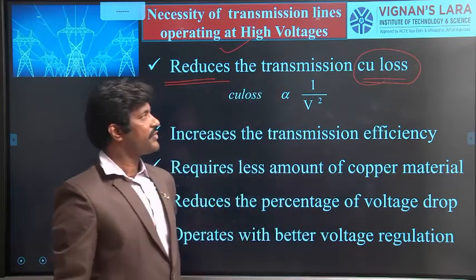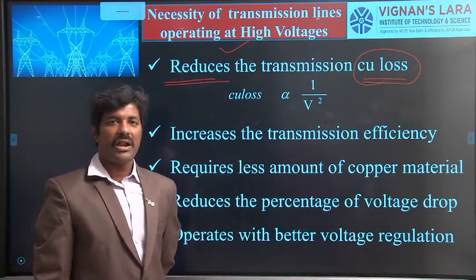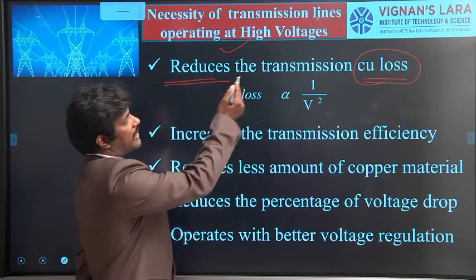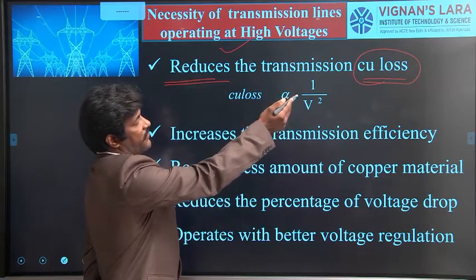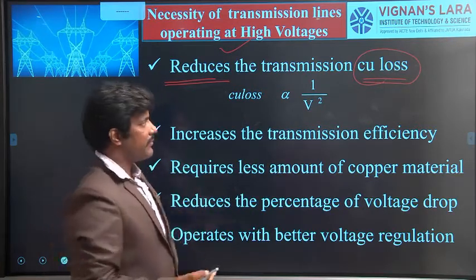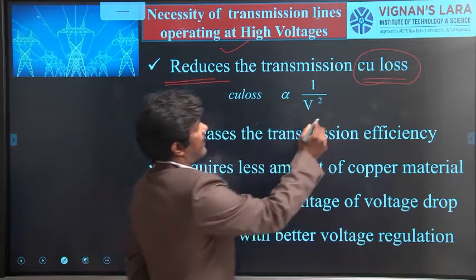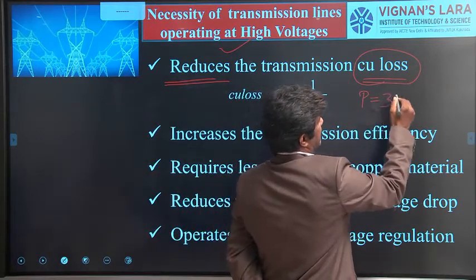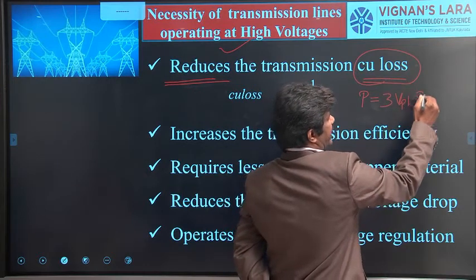To have an efficient power transmission, the power loss should be minimum. We can reduce the copper losses during transmission if and only if the voltage is very, very high. In a clear view, the power P which is going to be transmitted can be given as P = 3 V_phase I_phase cos phi.